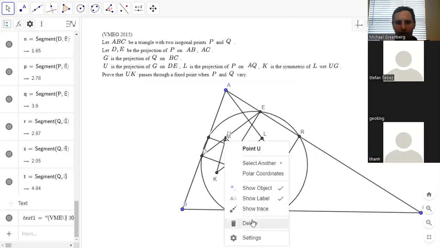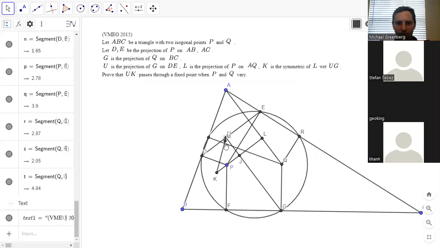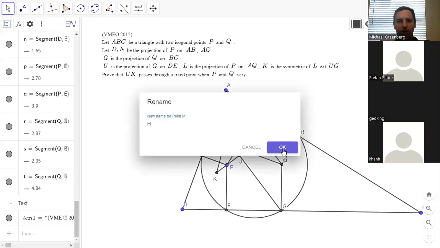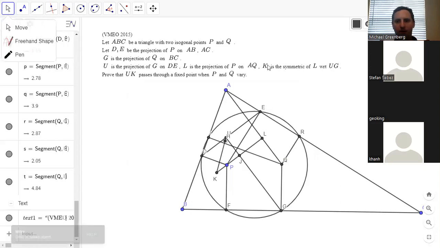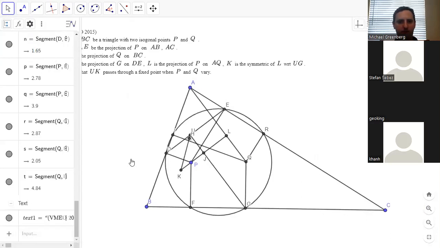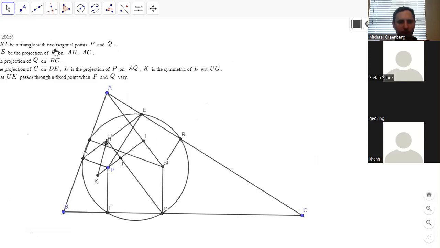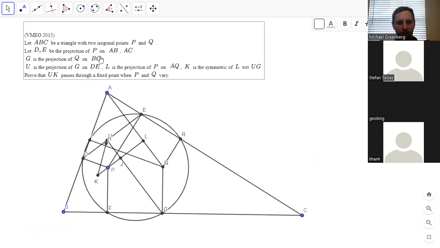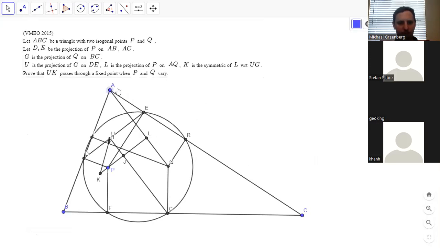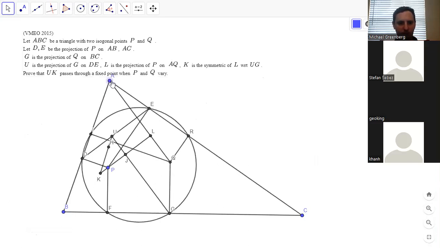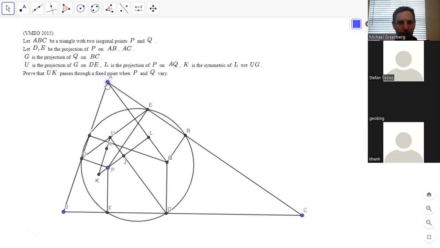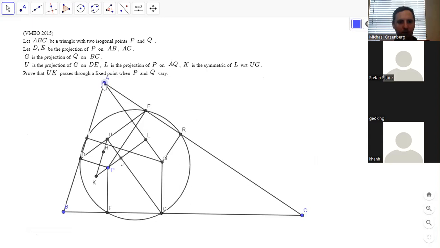Call this H. All right. I like that diagram.